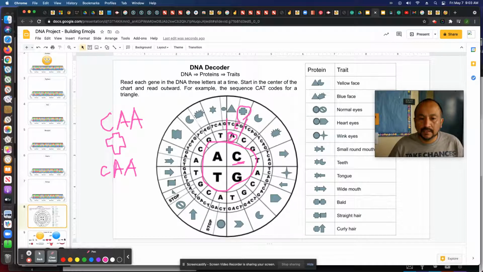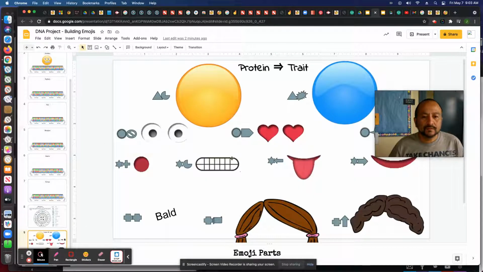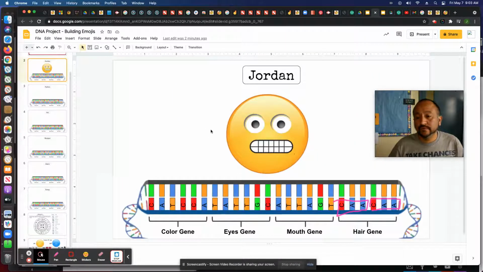No, it's CAA, it's the same one. So 2 crosses, where can we locate them? Here they are. He's bald, no hair. So we go to our chart, bald, no hair. That's it. We're done with Jordan, folks.